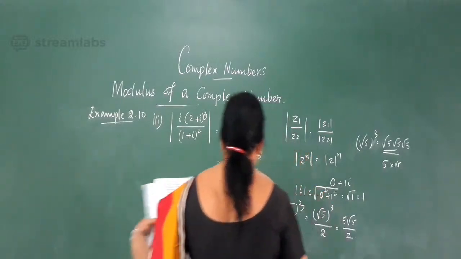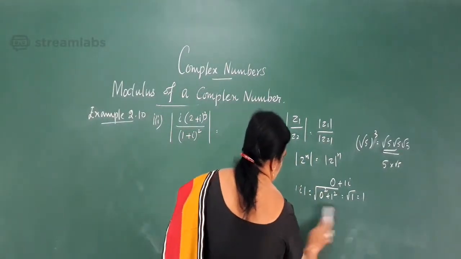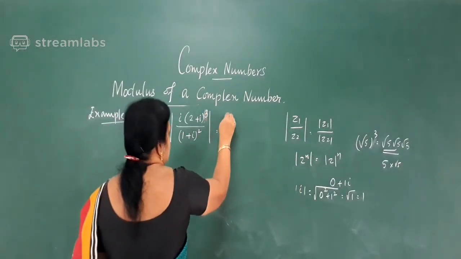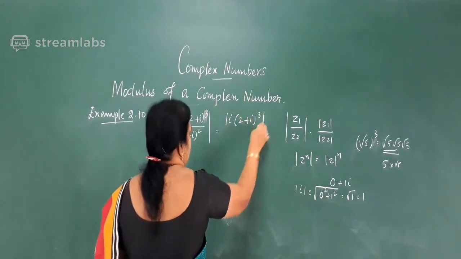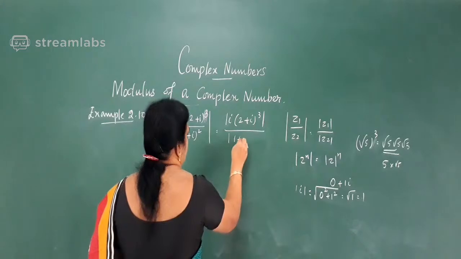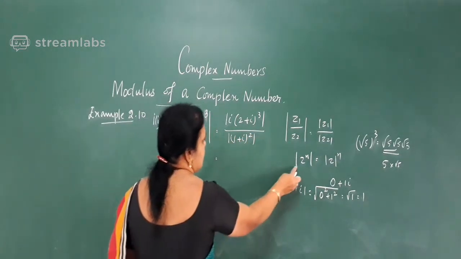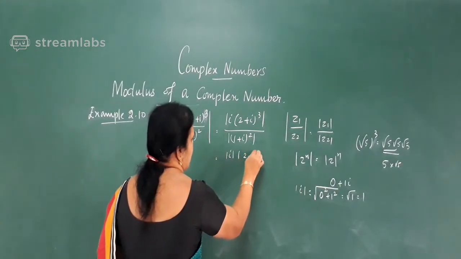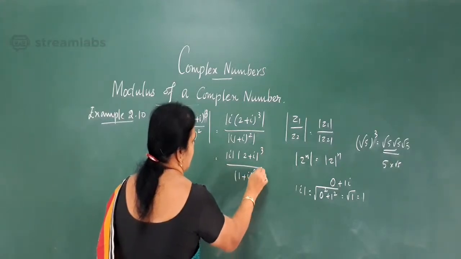One more time I will do it for you, because I have done it wrong there. See, you just split this by using this property, then using this property, you split this 2 plus i cube plus 1 plus i square.